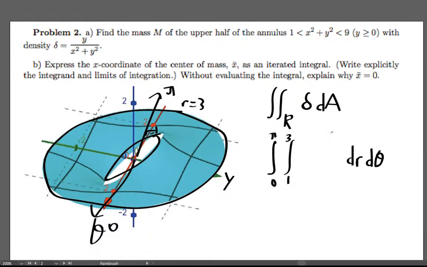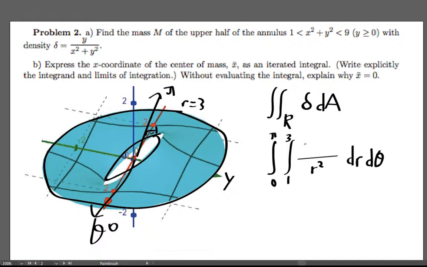Now for the density, in polar coordinates, x is r cosine theta, and y is r sine theta. Remember that r equals the square root of x squared plus y squared. This is exactly why the bottom here is r squared, because r squared is x squared plus y squared.